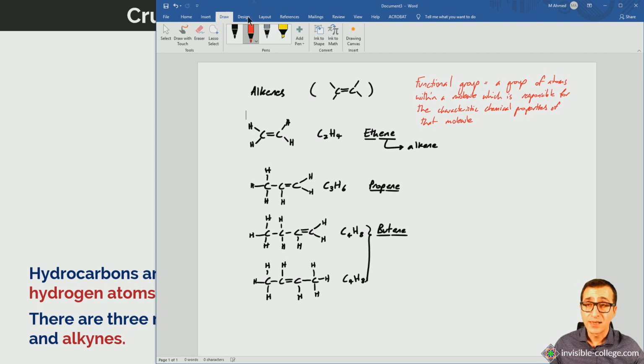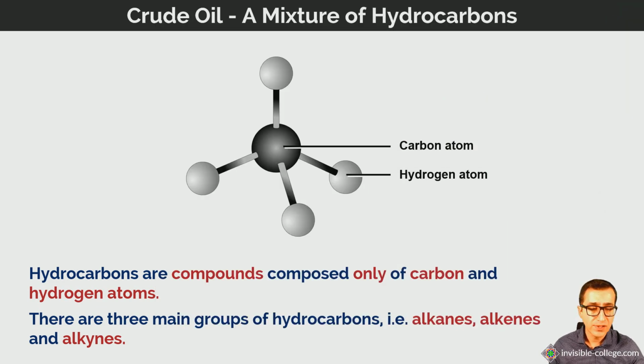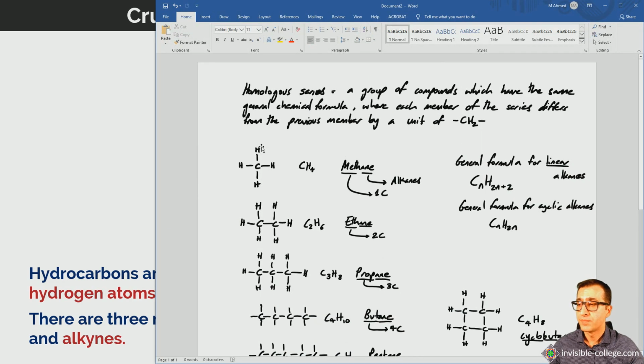So in alkanes, if we go back to our alkanes, the functional group was the carbon-to-carbon single bond. So in alkanes that we looked at here, the carbon-to-carbon single bond is the actual functional group.